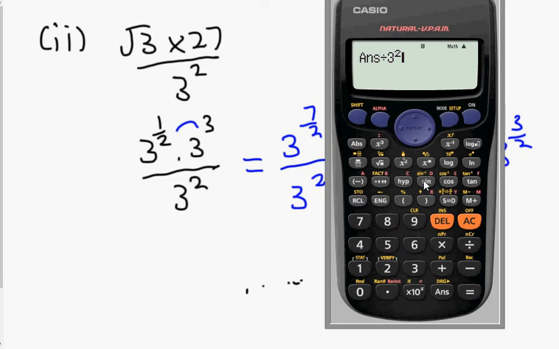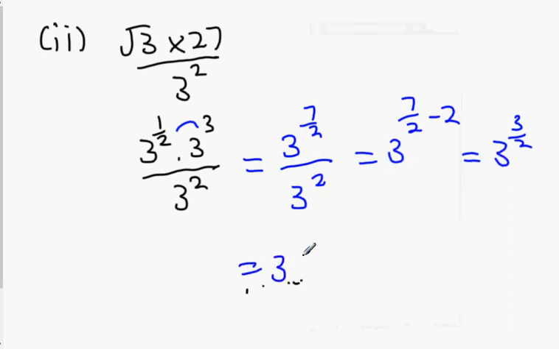If you do that on your calculator, you get 3 root 3. Then what is root 3 again? 3 to the power of what? A half. Now what do I do with the two of these? I add them together and I get 3 to the power of 3 over 2.